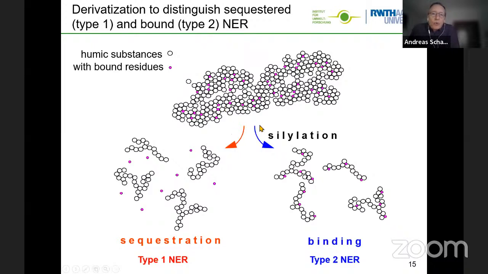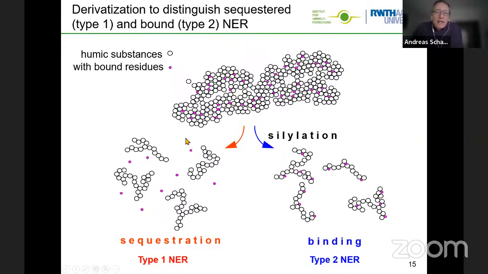And then you have two cases. Either the residues are released, and we interpret this that the residues have been just bound in the holes of the humic material, so they were only sequestered, and we call these residues type 1 NER, but they are so strongly bound by this binding to the holes that they are not extracted by usual organic solvents.